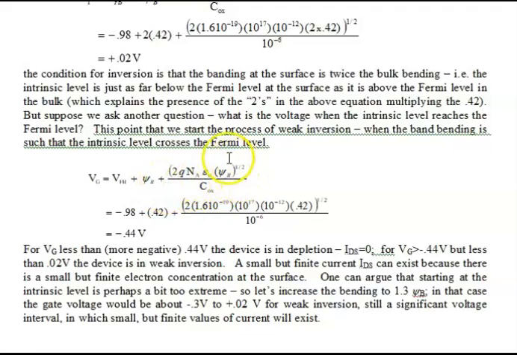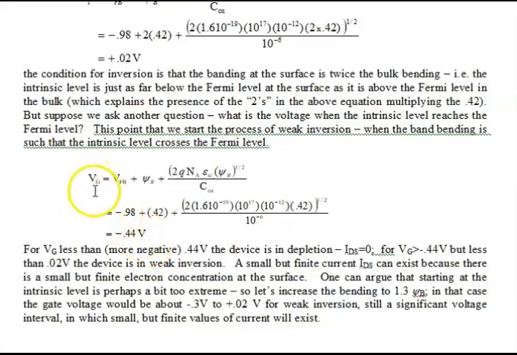And of course, that's exactly what we have here for the depletion, for the oxide capacitance. So instead of 2 phi-b, we have 1 phi-b. And there we work out that this, perhaps we could have called V1, but it's a specific gate voltage such that we just are entering into weak inversion.